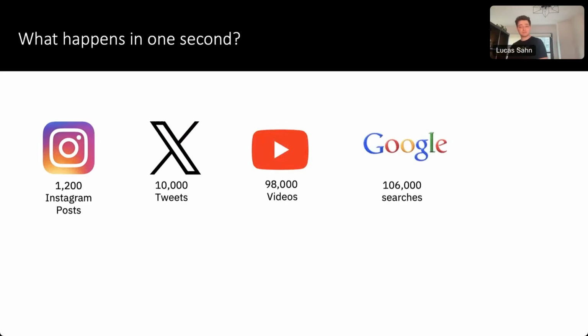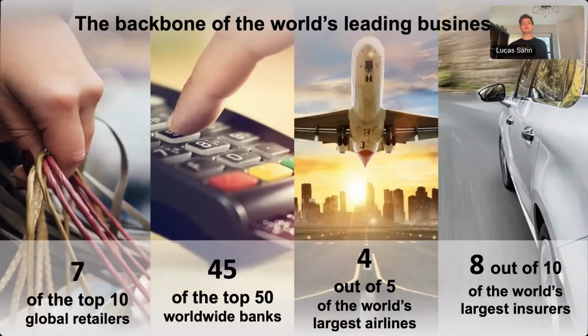And while that all seems like a ton of data moving through our machines at every given second, it pales in comparison to the nearly 1.2 million IBM Z transactions occurring each and every second. It's truly a staggering amount of data moving through these machines all around the world. Now let's take a look at what those transactions are. They are the transactions powering the world's leading businesses.